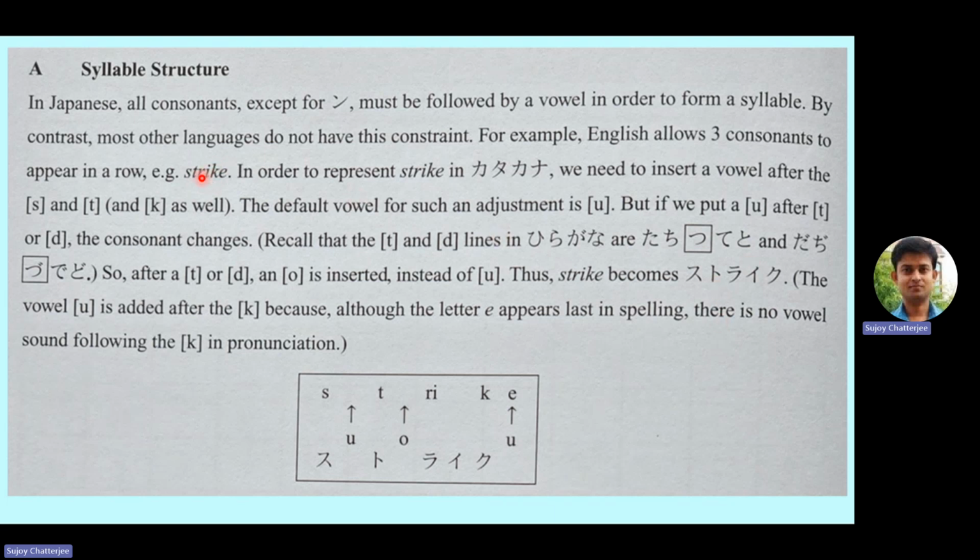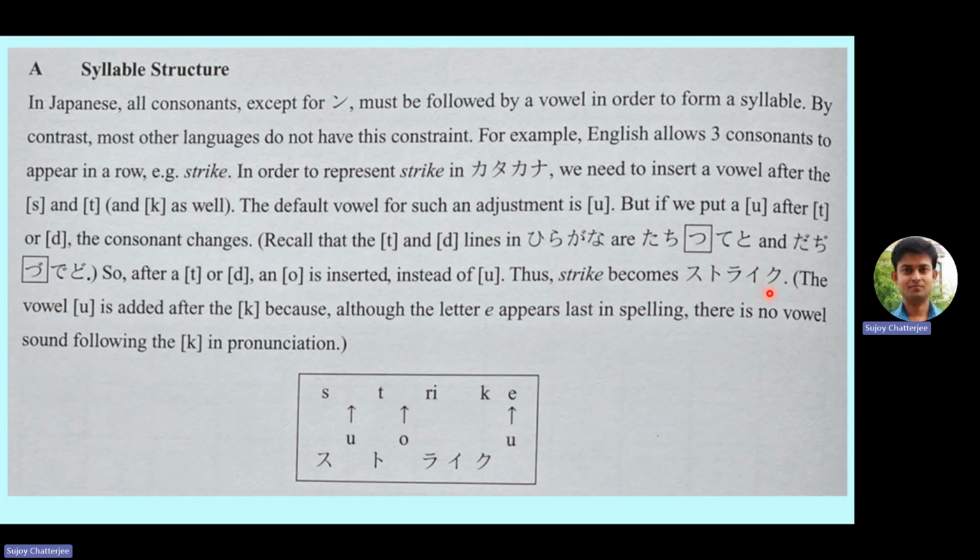Then this is rai. So rai remains as rai. So ra, e. There is no issue in that because we have the ra sound, we have the e sound. So rai is okay. And then at the end we have k. Although there is an e after k, that doesn't mean that in Japanese you will use ke.